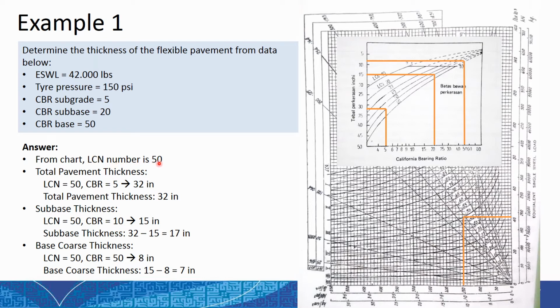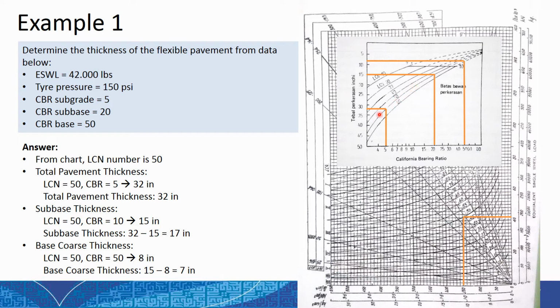Then we have to calculate the total pavement thickness from this chart. This is the second chart. We plot the CBR here. From the data, we use the CBR subgrade, which is 5. So we plot this 5, project it vertically until we meet the curve for LCN 50.